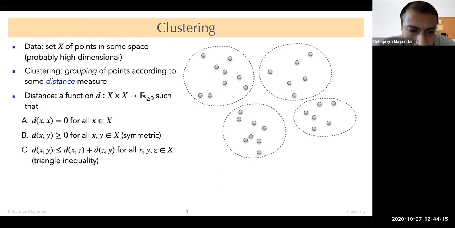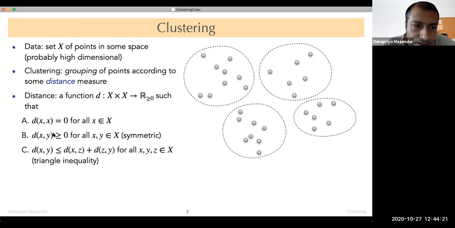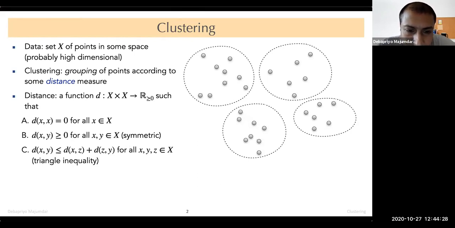One property I have missed writing here, the symmetric property. That is, distance from X to Y is the same as distance from Y to X. So it doesn't matter whether you go from X to Y or Y to X, the distance will remain the same. All right.